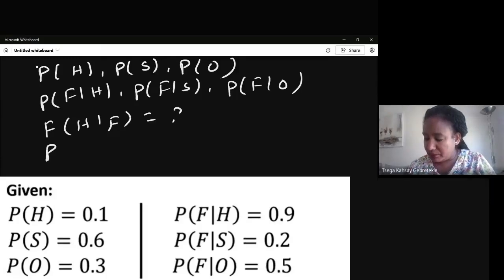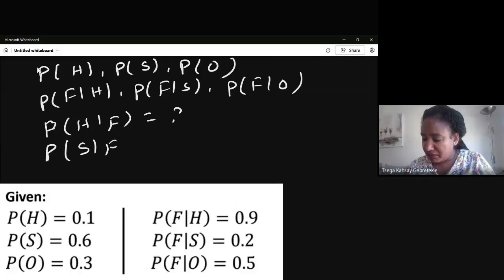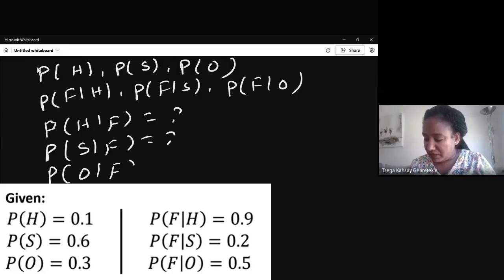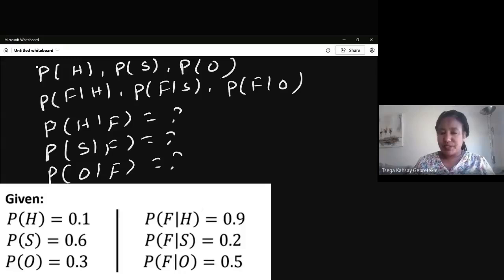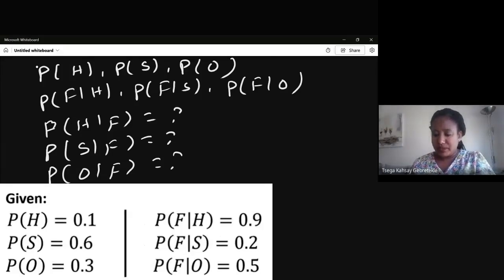Also probability of S given F, probability of O given F. So based on these values, we are going to suggest to the customer the most probable cause of the failure.